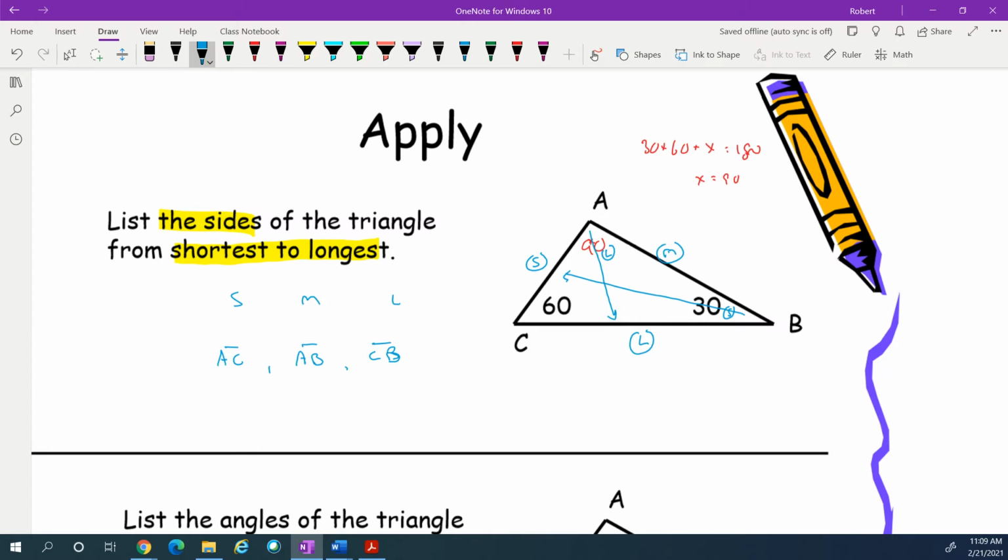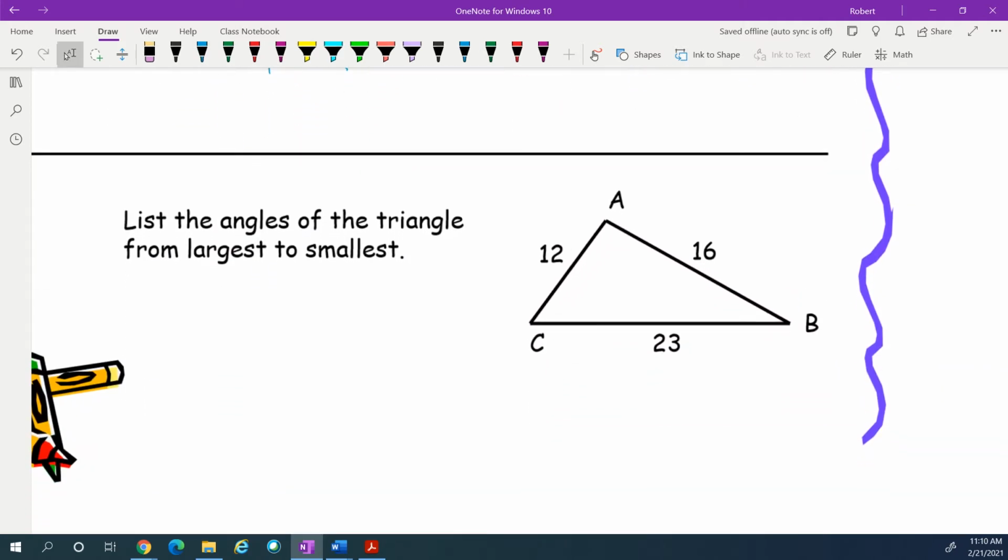We have no way of figuring out their measurements with the information we have, but we do know how they compare or relate to each other. Once we label it, put it in whatever order the question asks, smallest to longest, increasing measure, decreasing, ascending, descending, whatever vocabulary terminology they use, interpret that, and then list them in order.